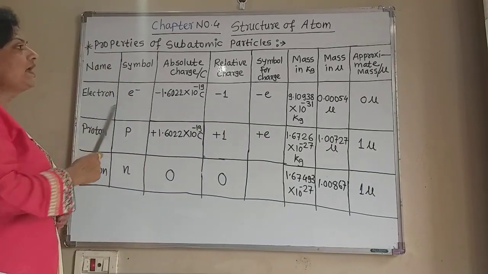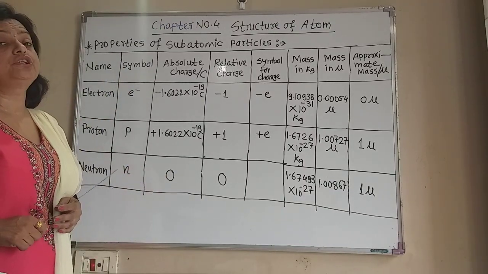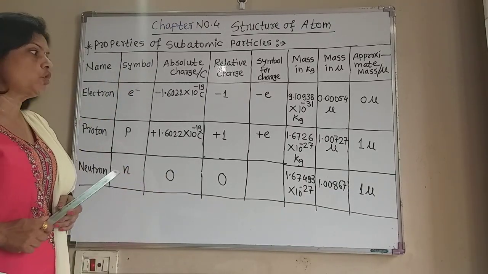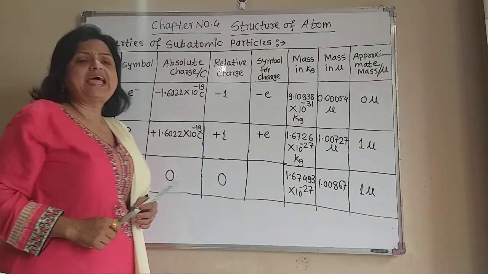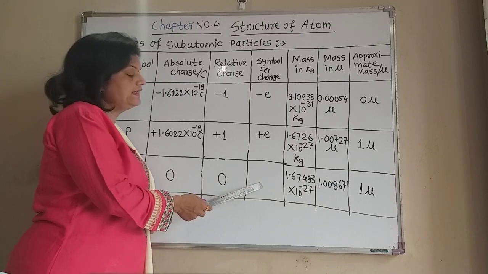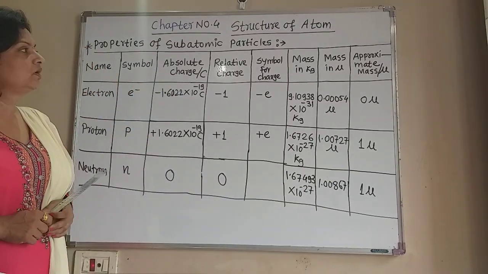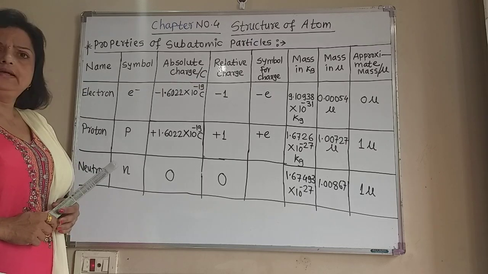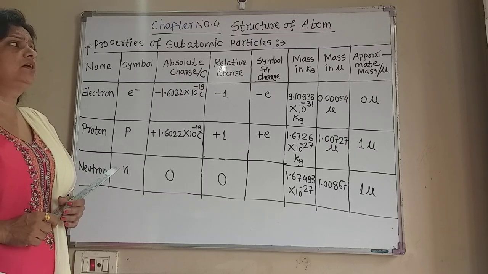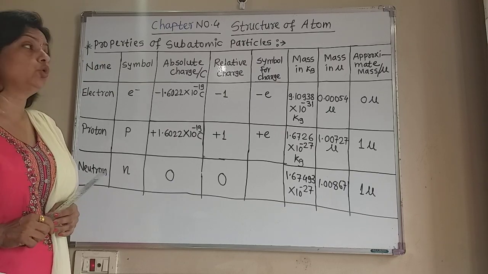The proton has the relative charge +1, but the symbol for the charge on the proton is +e. As there is no charge on the neutron, there is no symbol for the charge of the neutron. Now let us see the different masses of these subatomic particles in kilogram.